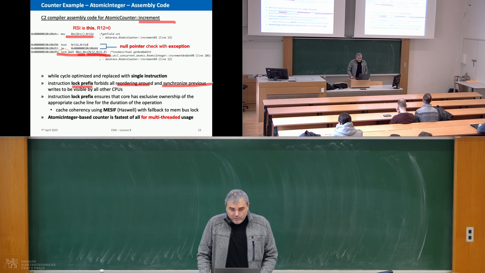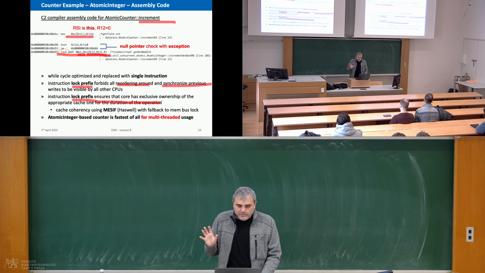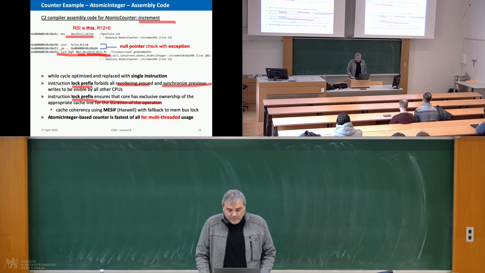It also calls a flush of the previous writes from the cached values into external memory, so it's visible to other CPUs, but it also ensures that the core, at the moment when the instruction behind the lock, this one, the addition, is executed, has exclusive ownership of the appropriate cache line inside the whole system.